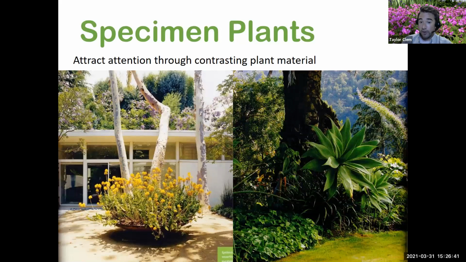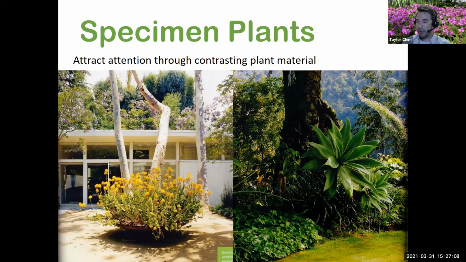So we can create emphasis with specimen plants. That's always a great, easy thing to do and can really become a showstopper. I really like the image on the left because the emphasis can come from the trees, that structure of the trees, that vertical element, as well as the yellow flowering plant material. On the image on the right, you can definitely see where you're getting your emphasis from.